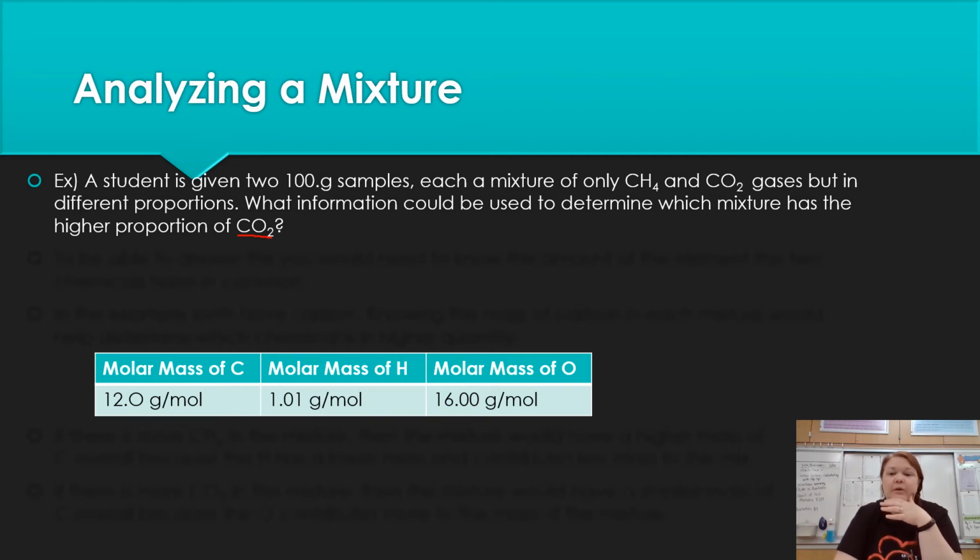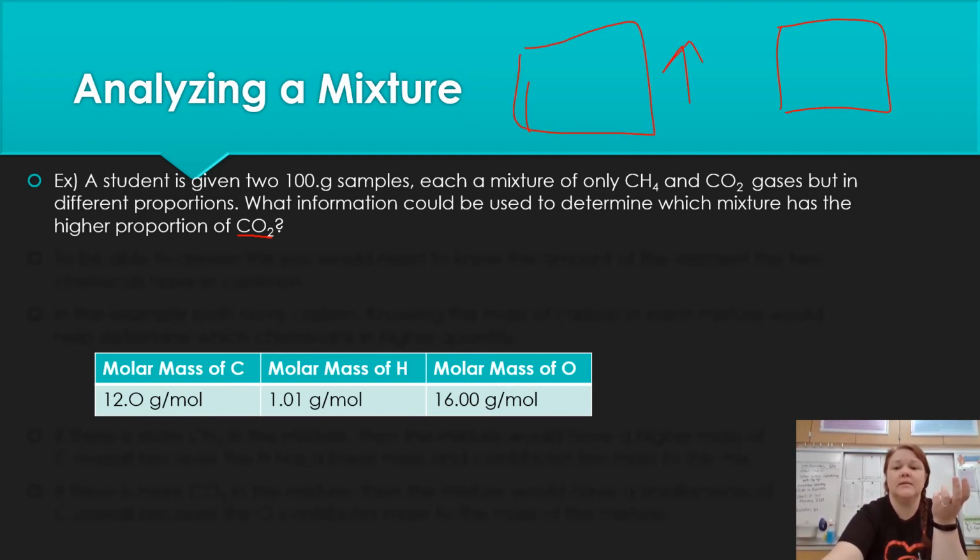All right, so hopefully you thought through it. Maybe you have some ideas. So how would we approach this? We want to know of our two mixtures, so here's our two containers, which one has more CO2, okay? So if we think about these, we've got CH4 and CO2. We can do things like find the mass of carbon, the mass of hydrogen, the mass of oxygen in each, and those types of things can help us.